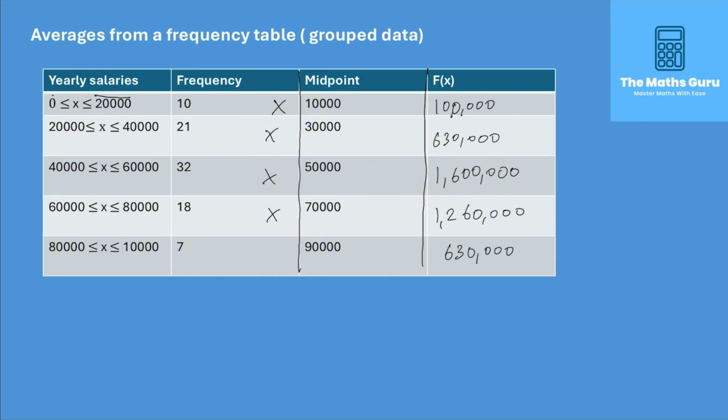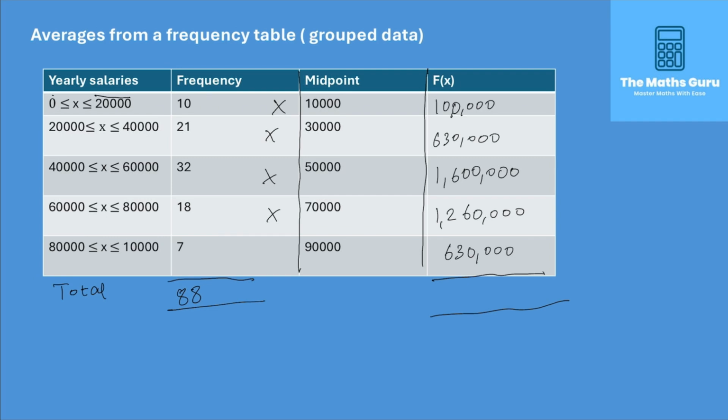Then we create our totals again, and we look at our frequency once again. So 10 plus 21 plus 32 plus 18 plus 7 gives us 88. Then looking at our fx, we get 100,000 plus 630,000 plus 1.6 million plus 1.26 million plus 630,000.